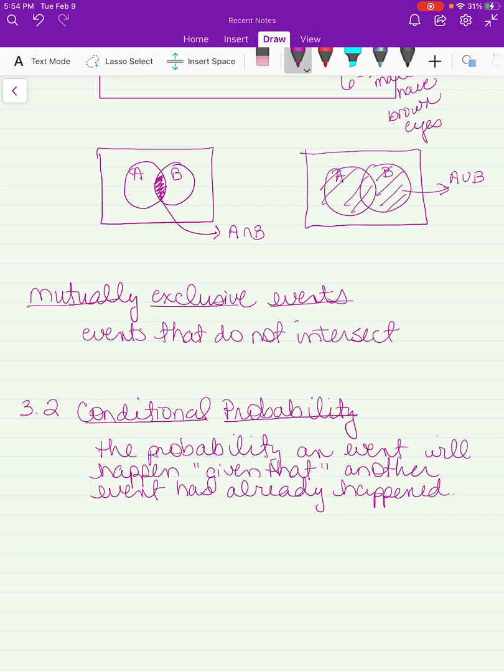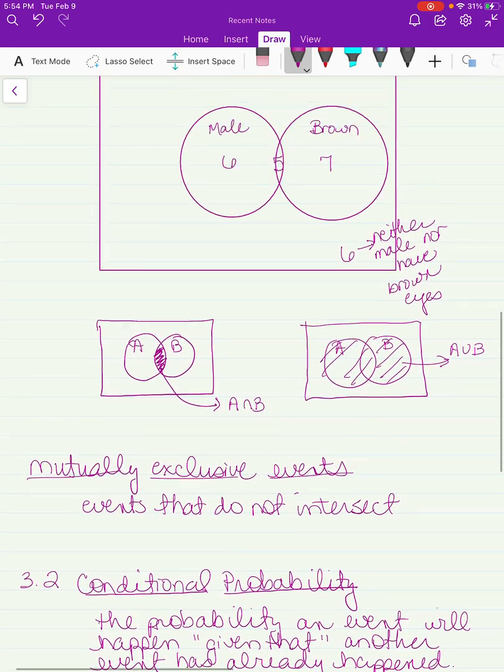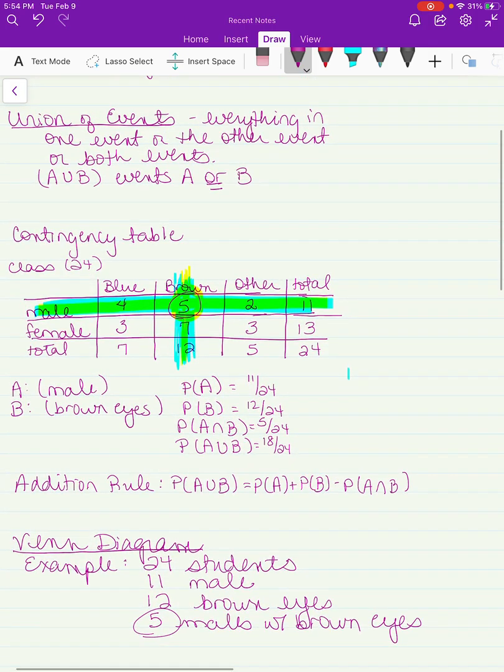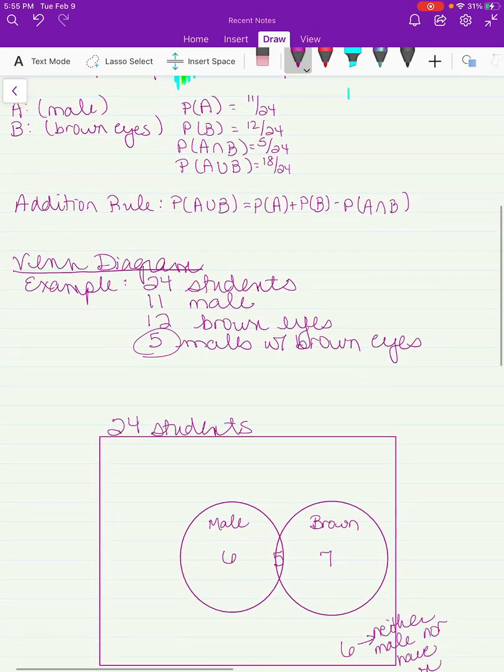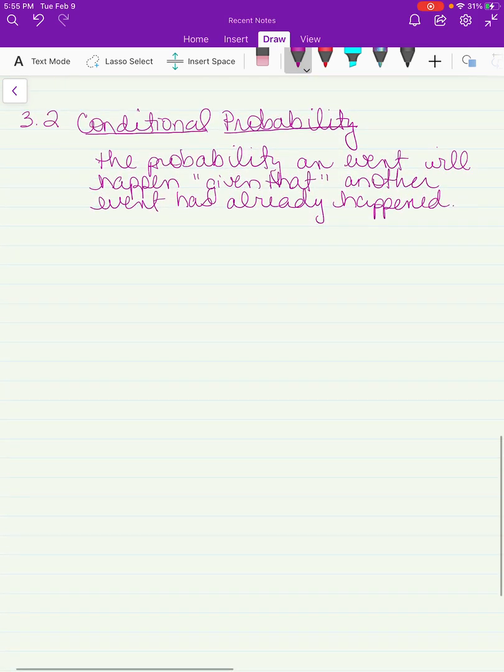So if we look at the contingency table up here, let's see, 452, 373. I'll draw that again.